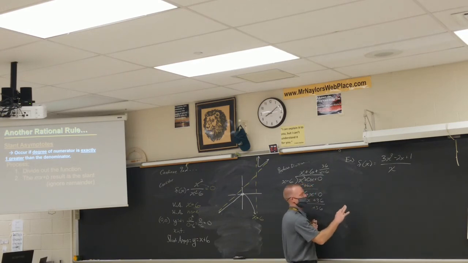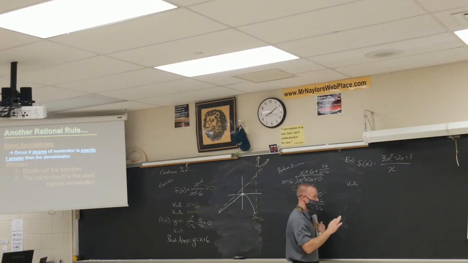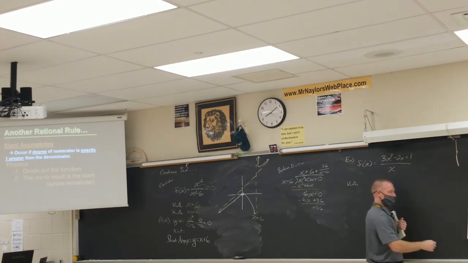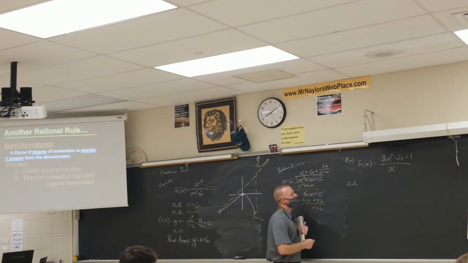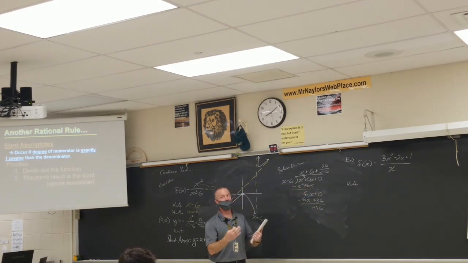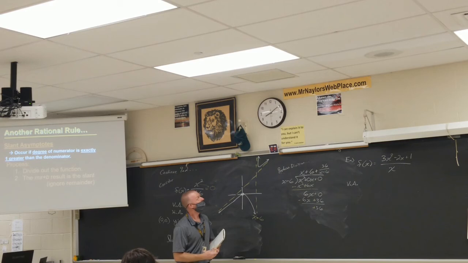But back up with me a second. You still want to go through the analysis. In other words, you still want to think about the vertical asymptote. And then we'll go through the next and so forth.